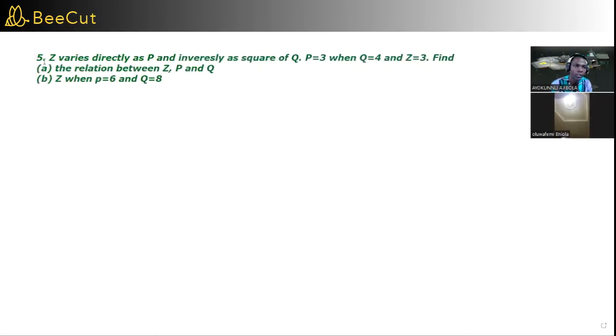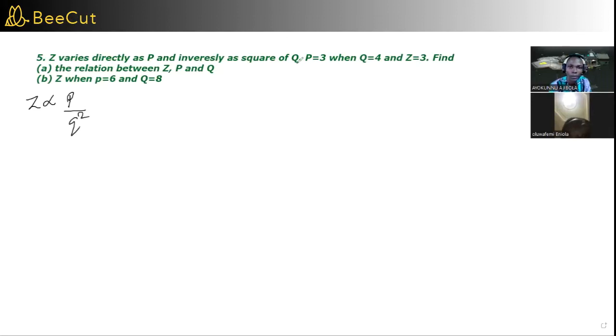Z varies directly as P and inversely as the square of Q. Now, this is more like what you have solved before, but now combined together. Let's see how it goes. So again, it varies directly as P and varies inversely as Q squared.